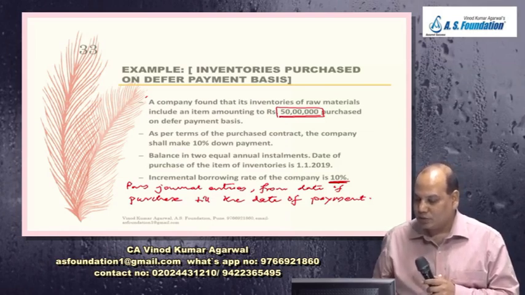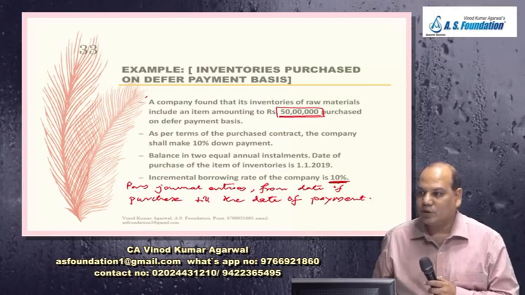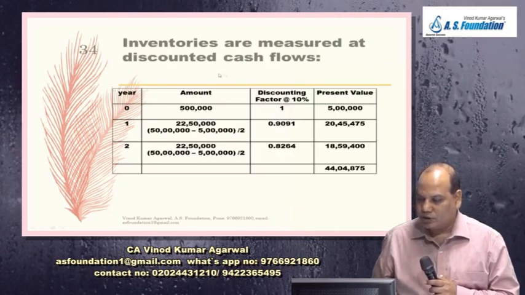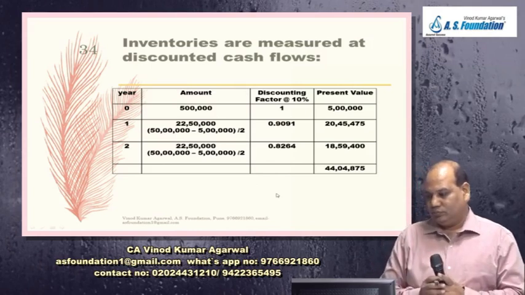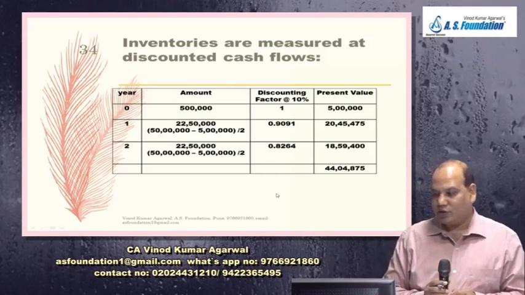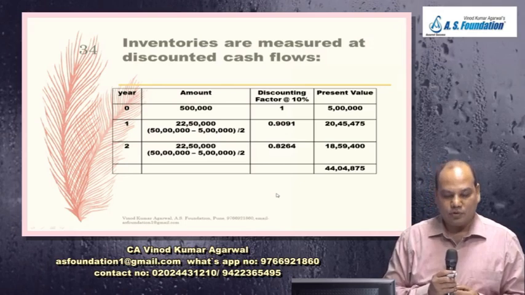So tell me first, what is the amount at which the inventory will initially be recognized? Okay. So write down the heading in your notebook: inventory will be measured at discounted cash flow as follows.